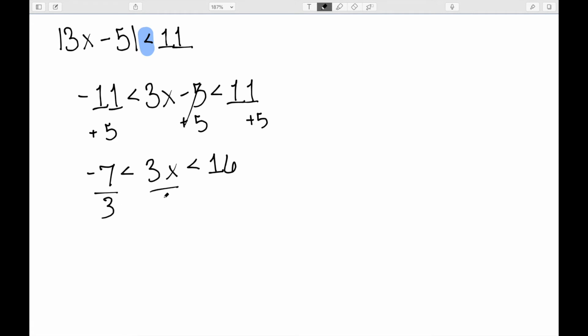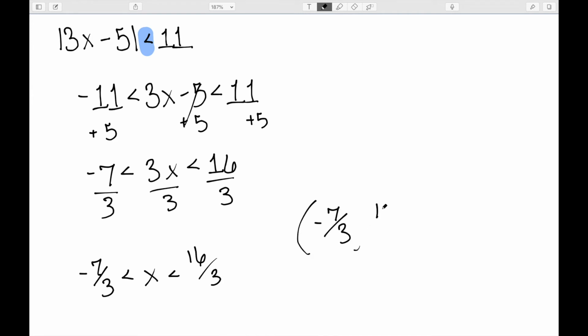We then divide all three sides by 3 to get -7/3 is less than x is less than 16/3. So this time my interval goes between -7/3 and 16/3, and we use parentheses since we are not including the endpoints.